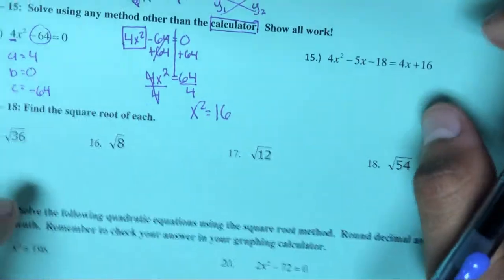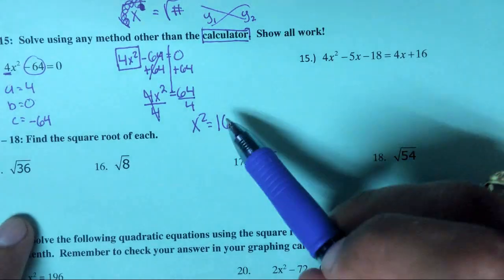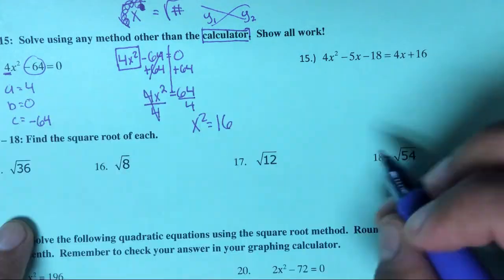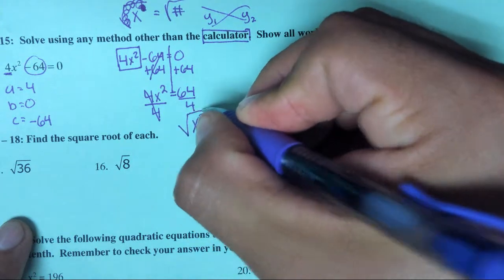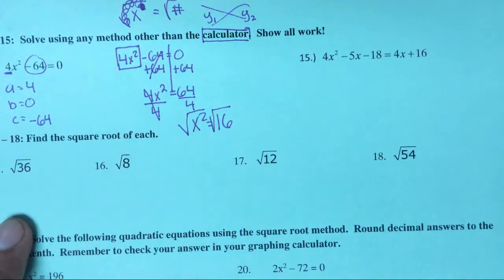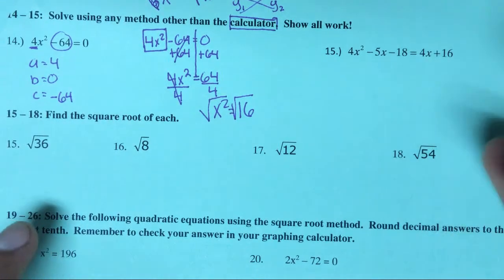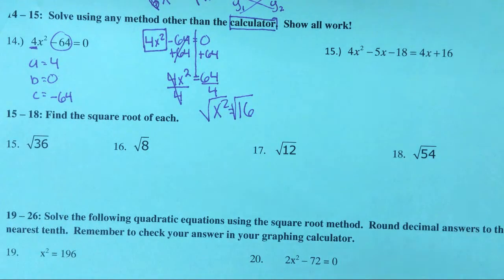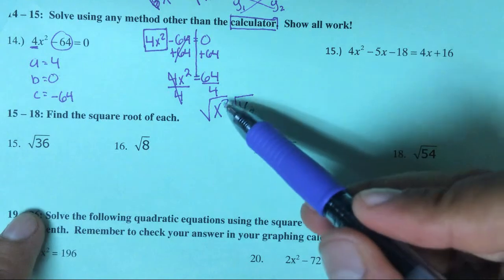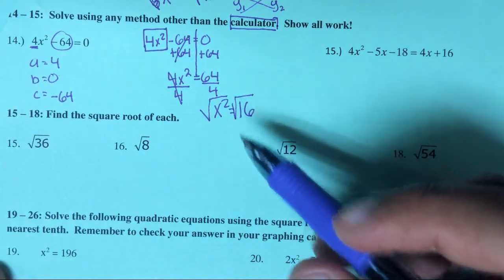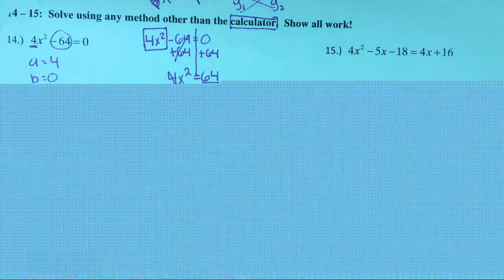Now I can finally go in and apply my method. The method that I'm using for this particular problem is the square root method. So now I can take the square root of both sides. Maybe your teacher talked about this. I know that if you had me, I definitely talked about this. The reason that we take the square root is because the square root and the square undo each other.